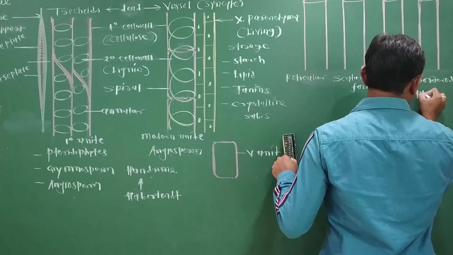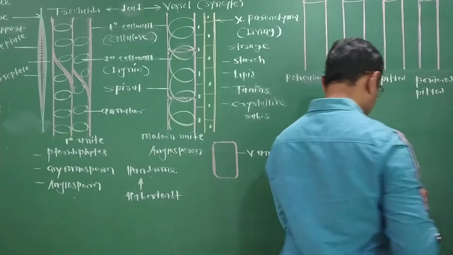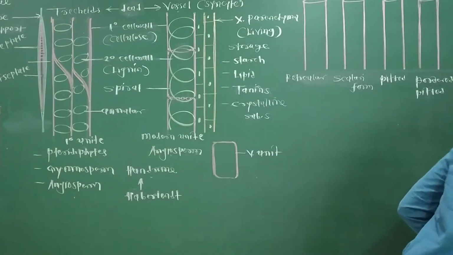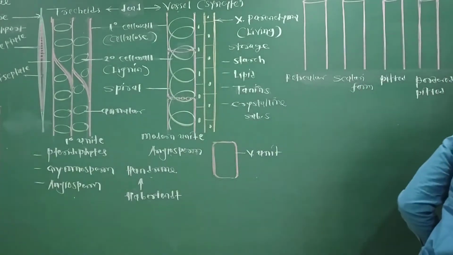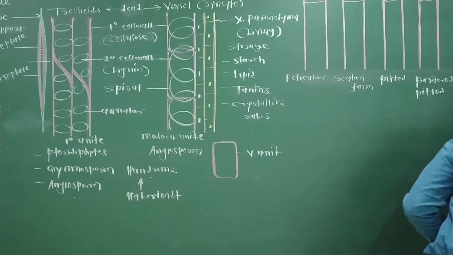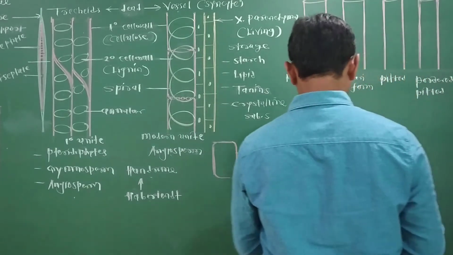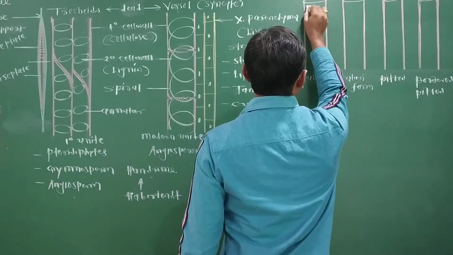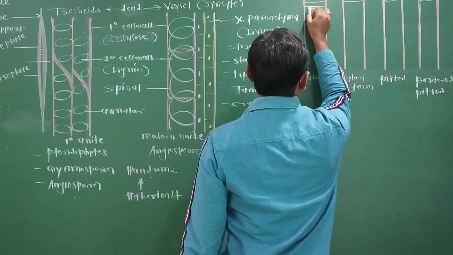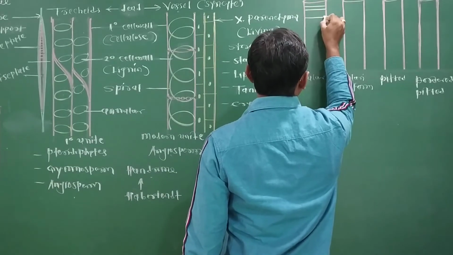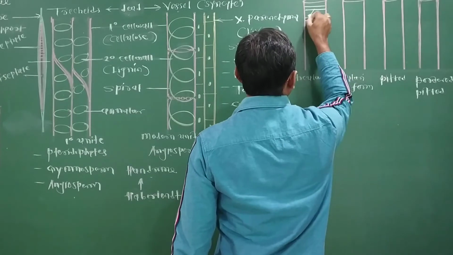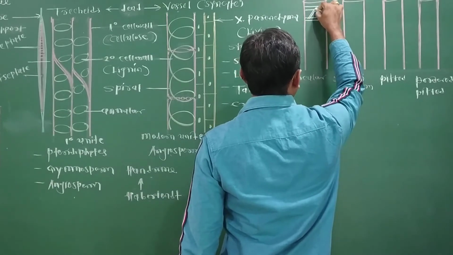Various patterns of thickening including the reticular network form. This white line indicates lignin. This is the network.